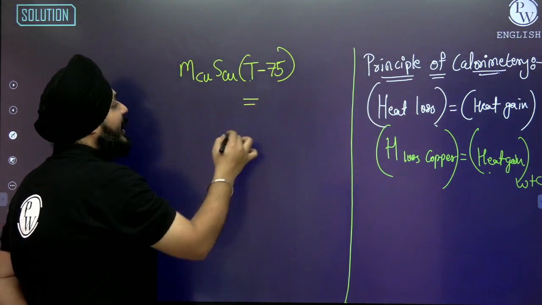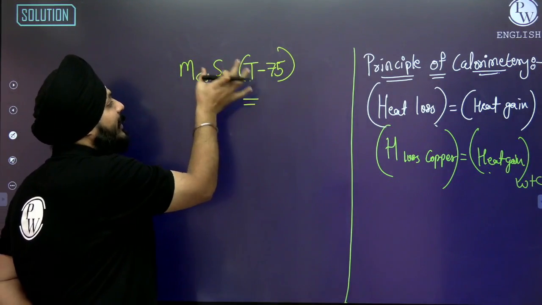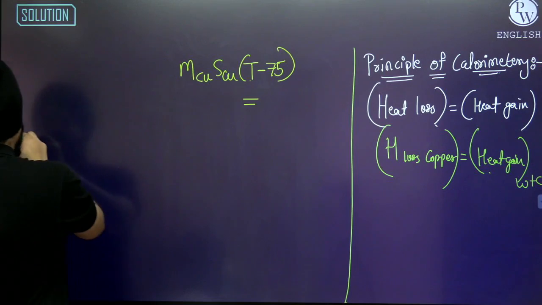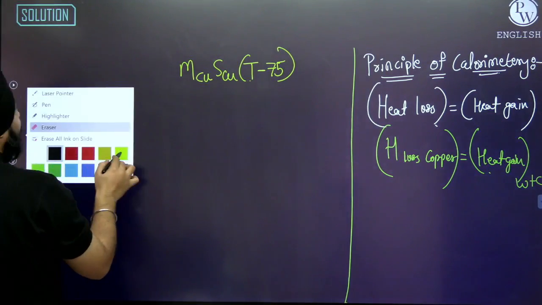In reaching the final state, the same amount of heat lost by the copper ball was received by water and calorimeter, both.